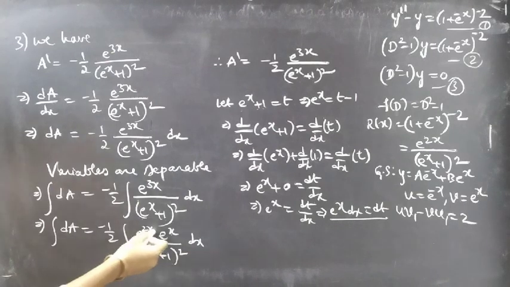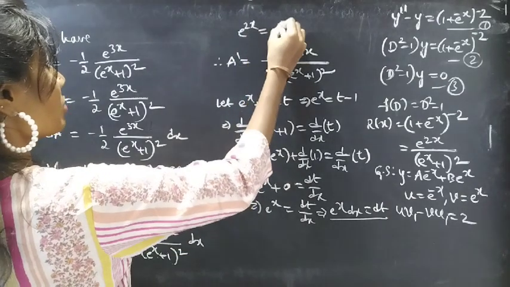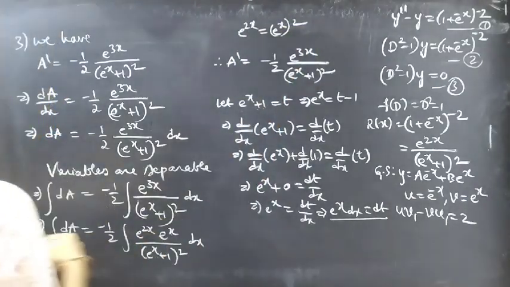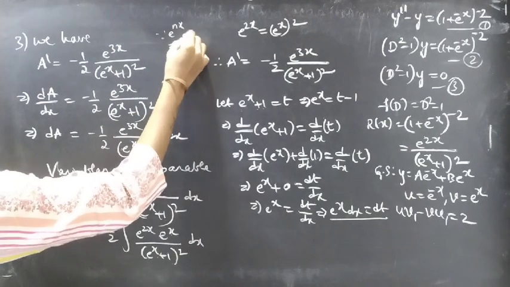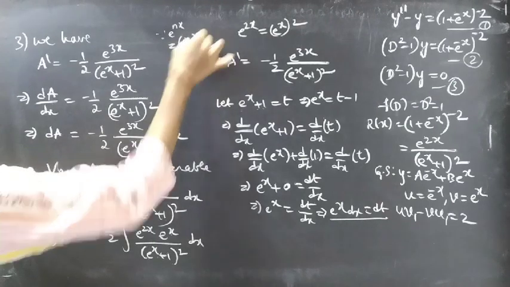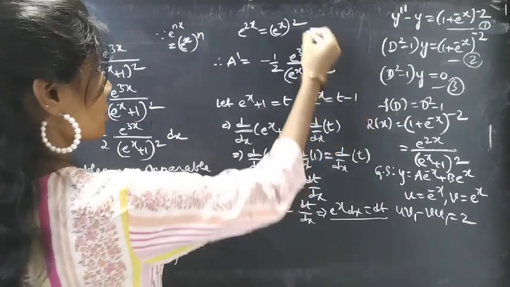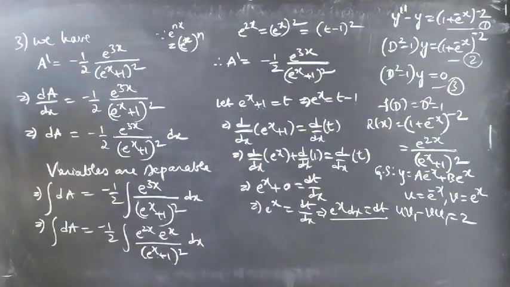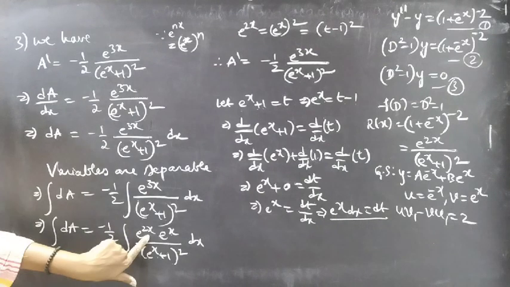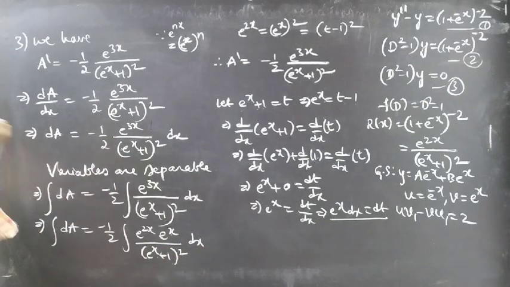And here you're having e power 2x, right? e power 2x can be written as e power x whole square, since we know that e power nx can be written as e power x whole to the power n. And here we have e power x equals t minus 1, so we'll get e power x whole square equals t minus 1 whole square. So in the next step we can replace e power 2x with t minus 1 whole square, e power x dx with dt, and e power x plus 1 whole square with t square.